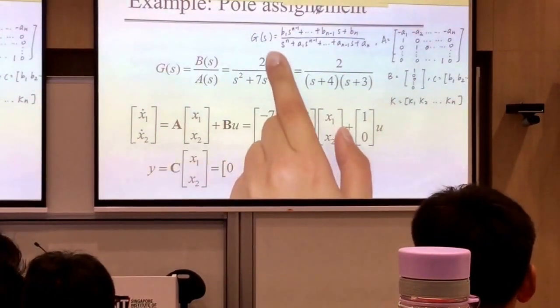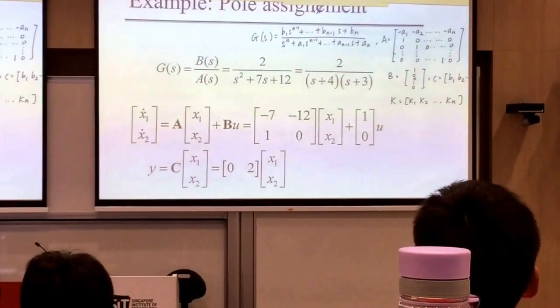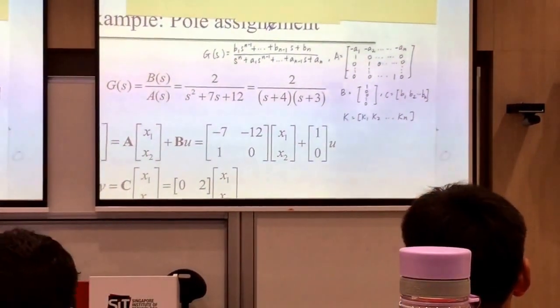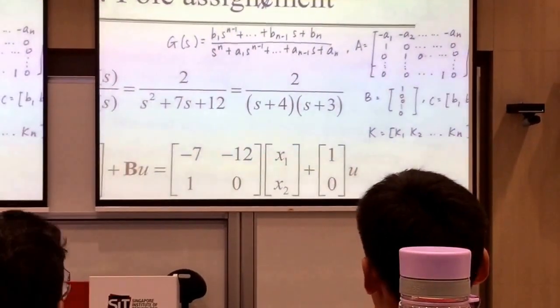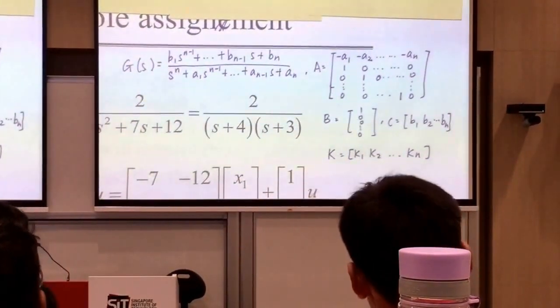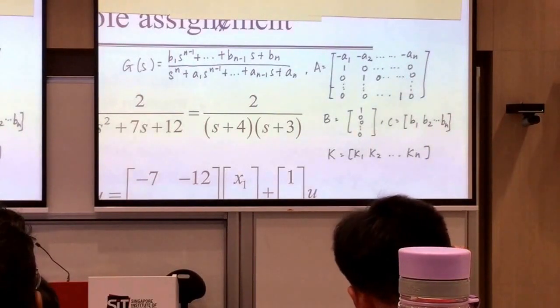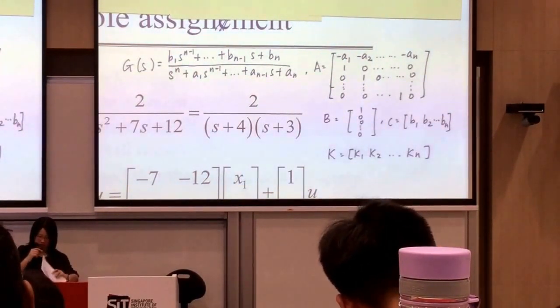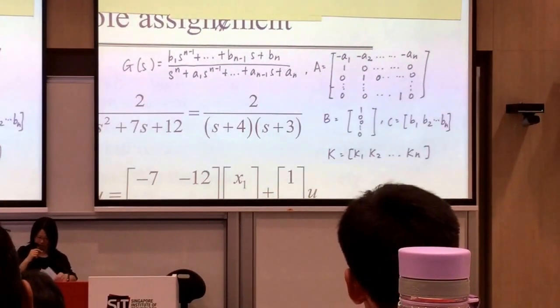So from this transfer function, put it into state matrix form. For those who cannot see, let me just zoom in. Apologies to those in front. Once you finish with this example, we'll take a 5 minutes break and I'll try to fix the thing behind.